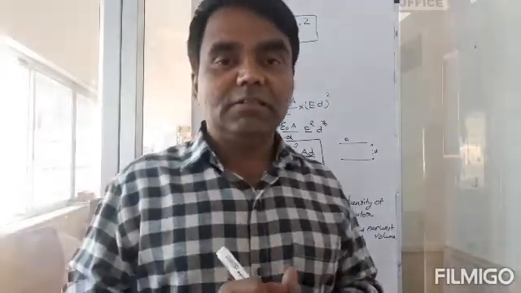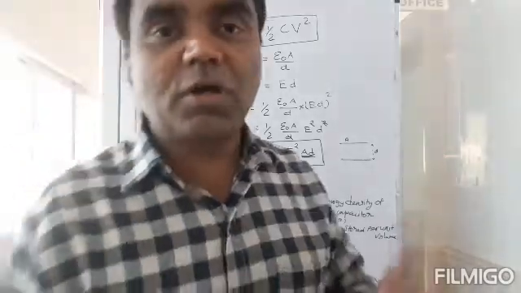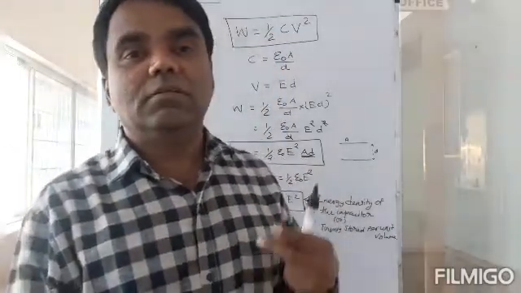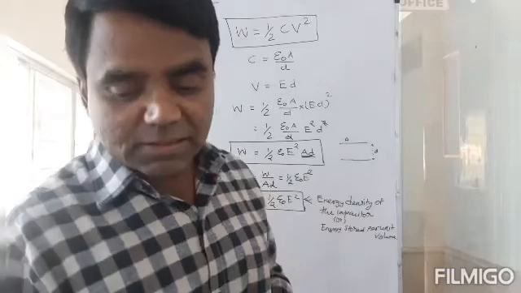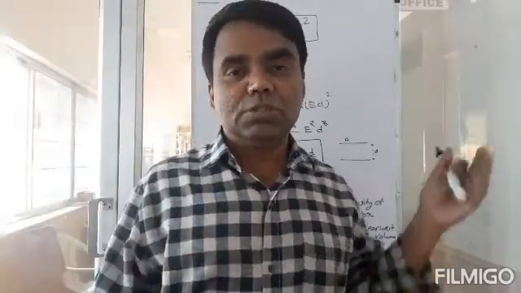Okay? Then we'll start doing an example problem and see if we can apply the knowledge that we've gained so far. Okay, let's do example 2.10. A 900 picofarad capacitor is charged by a 100 volt battery.